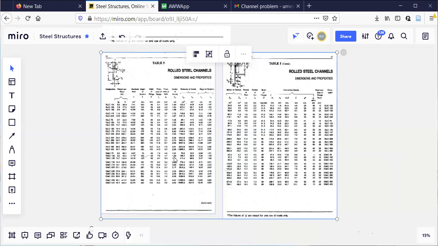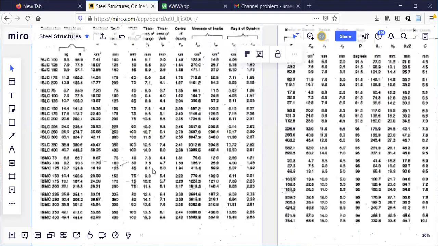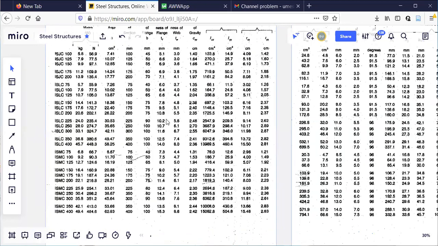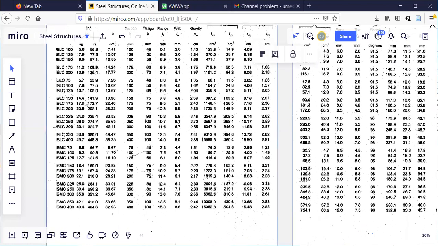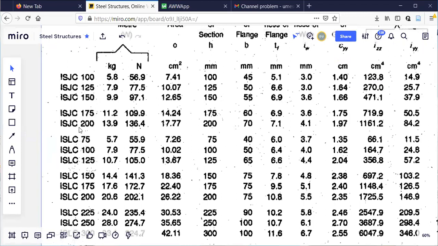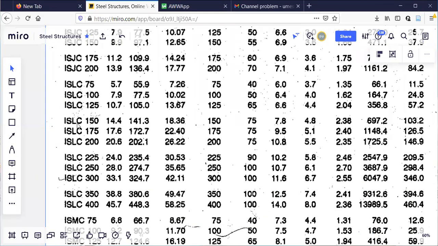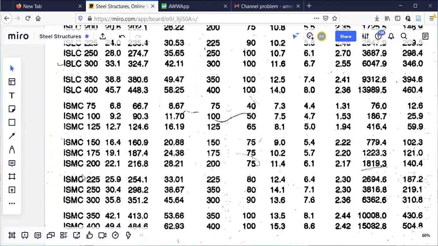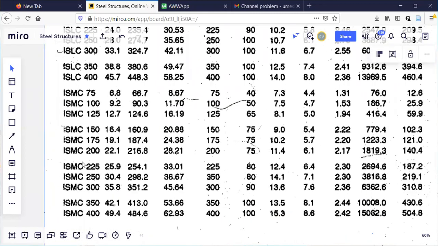Okay, 21, 22 pages I have extracted here. All channel sections are there. ISJC is there. You start checking in the first column. ISJC, JC is not there for us. ISMC is there. So come to ISMC. ISMC, how much is it? 350. Now observe this one. ISMC 350.